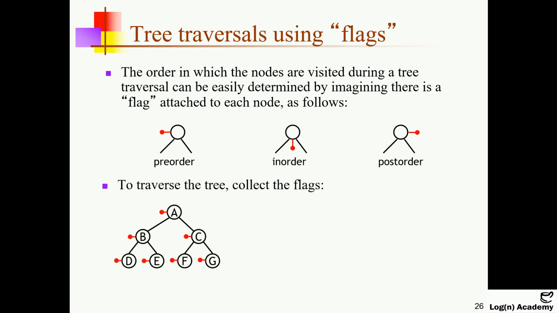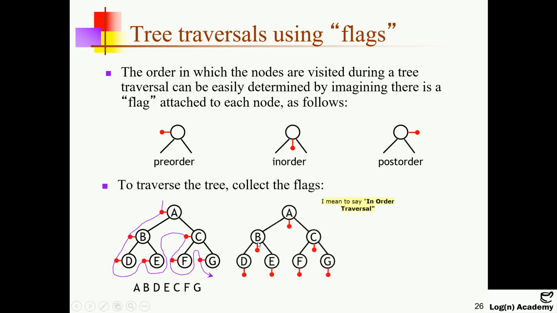As you can see, it's a sample tree, and here the flags are attached towards the left direction. Now we will attach these flags to the nodes, and this will be the pre-order traversal. As you can see, we have attached these flags and we have printed the result A, B, D, E, C, F. So this is the pre-order traversal.